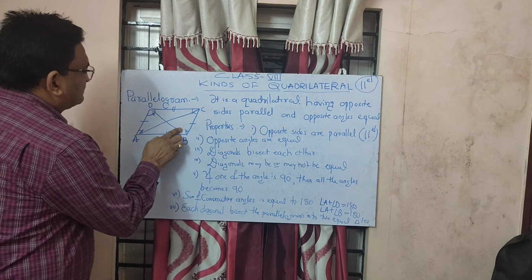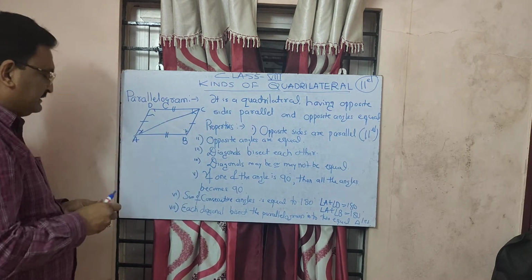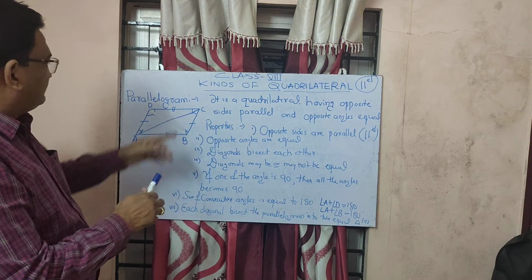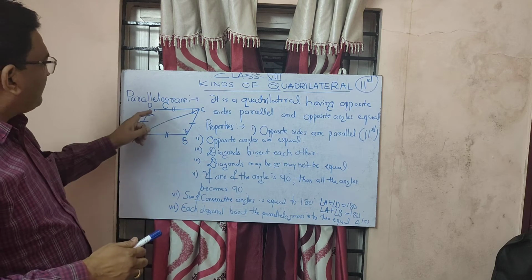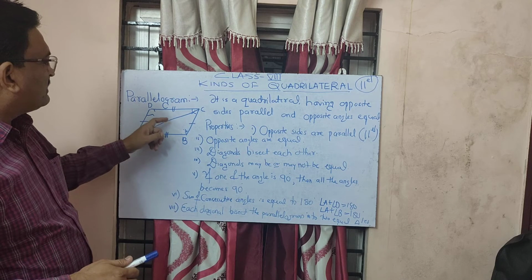For example, just remove this angle. Now this diagonal bisects the whole parallelogram into two equal triangles.